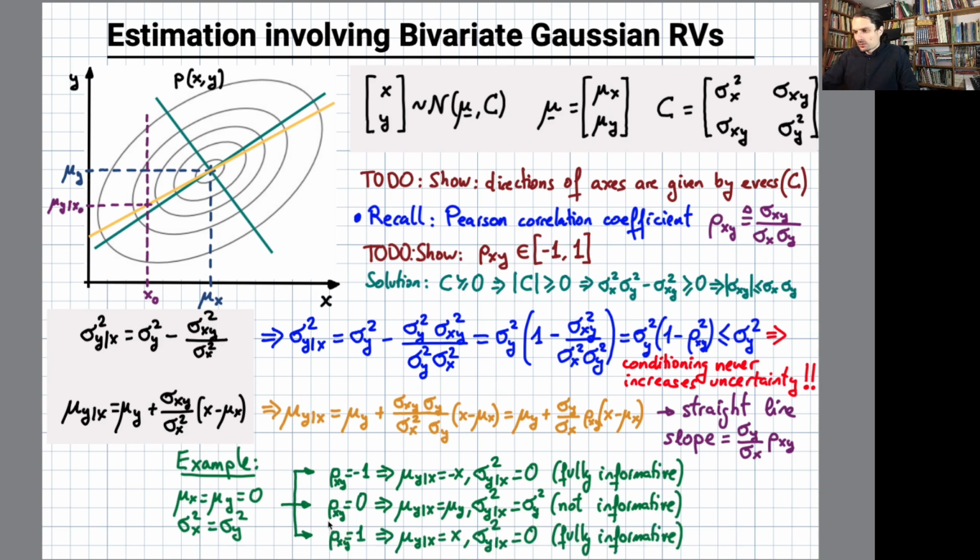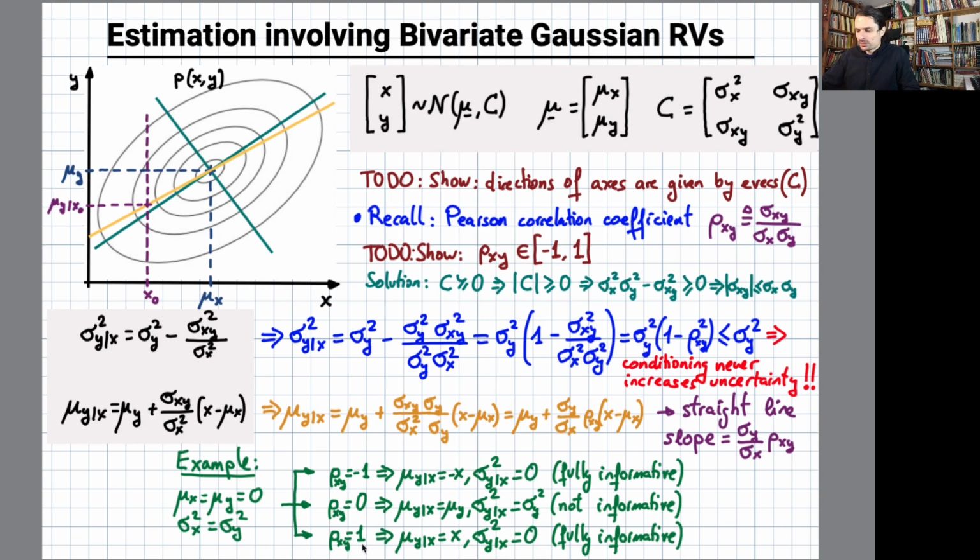And just to complete the example, suppose that the Pearson correlation coefficient equals 1. In that case, we can see that mu y given x equals x, okay, and the posterior variance is 0. So again, we managed to obtain y deterministically from x.